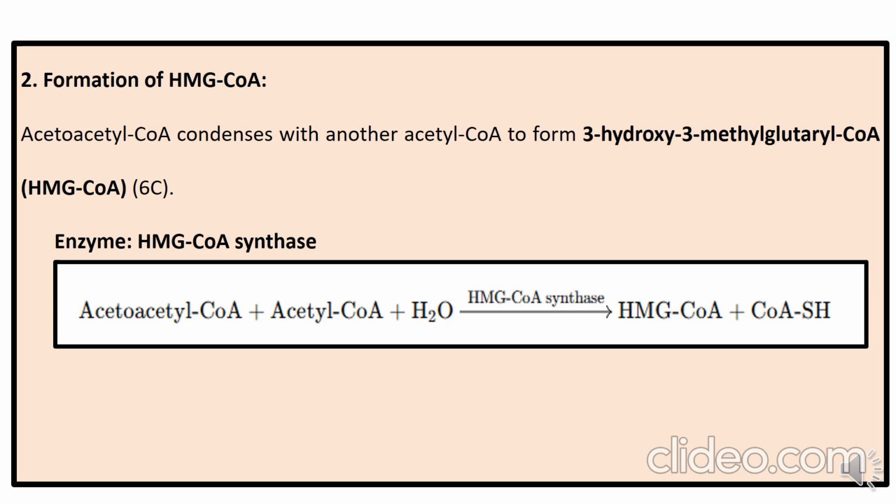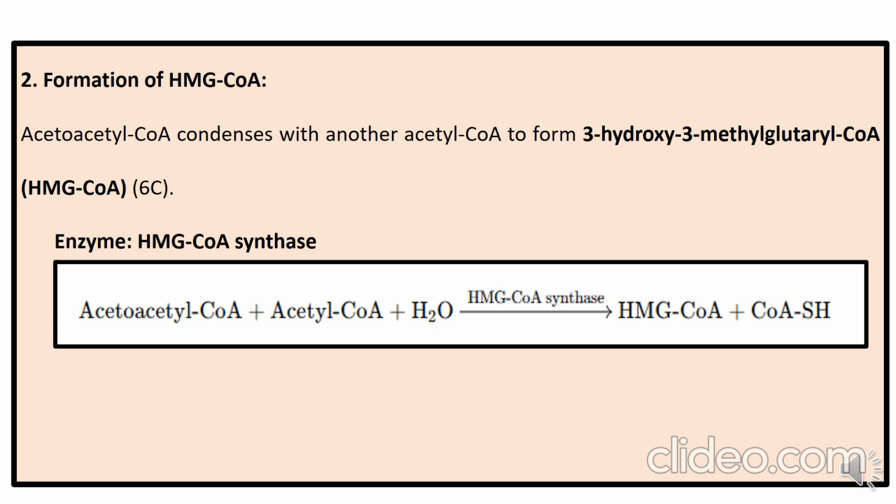HMG stands for hydroxy 3-methyl-glutaryl-CoA. Here, aceto-acetyl-CoA, which is formed in the first step, condenses with another acetyl-CoA to form 3-hydroxy 3-methyl-glutaryl-CoA. It is abbreviated as HMG-CoA, and this HMG-CoA is a 6 carbon compound.